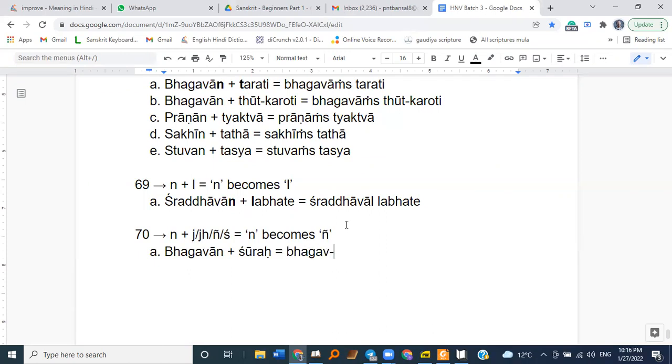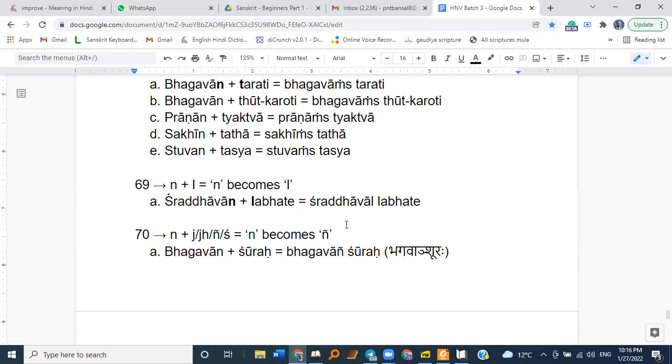Roji, would you be able to write that in Devanagari so we understand how the Nya is used in this context? It could be anything, Roji, any example. So Bhagavan. How is it pronounced, Prabhu? Bhagavan Shuraha.